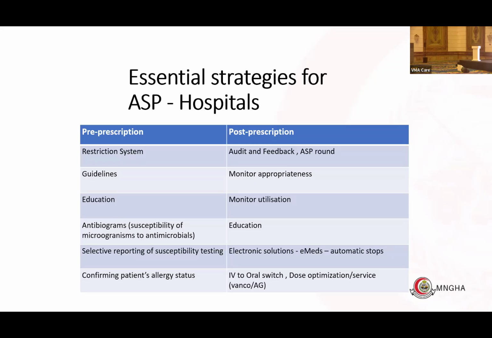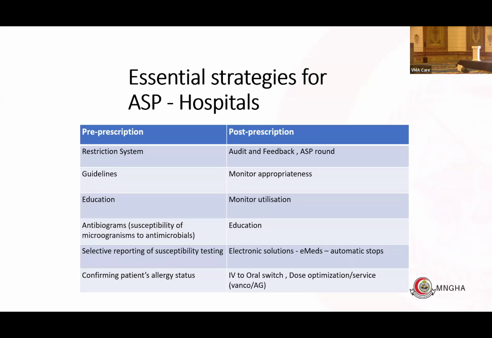I want to make sure there is a list of antibiotics. Not anyone can write, for example, meropenem or ceftazidime-avibactam or any antibiotic. This is before I'm prescribing an antibiotic. What else? Also a strategy for ASP before prescribing an antibiotic: guidelines, right? There is a clear guideline for UTI in our hospital. Clear guideline, for example, for febrile neutropenia.